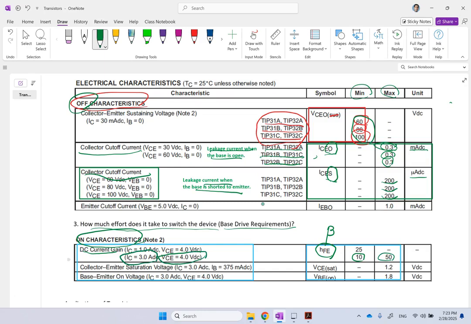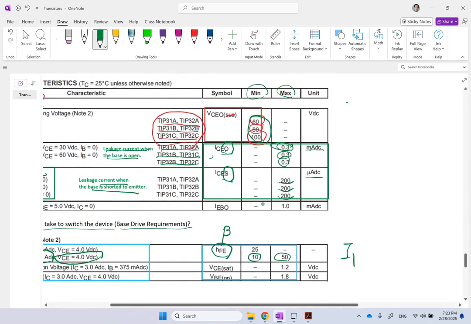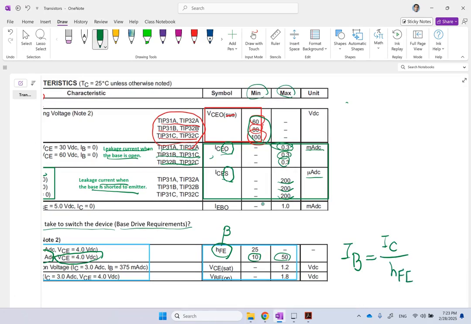So your gain is anywhere from 10 to 50. Now if, for instance, IC is 3 amps and the gain is 50, how much is IB in this case? Well, IB is clearly IC divided by beta or HFE.